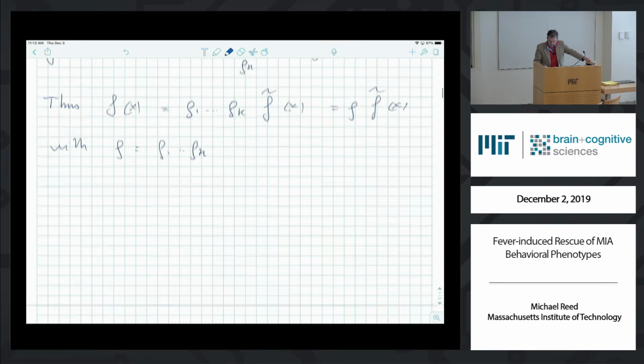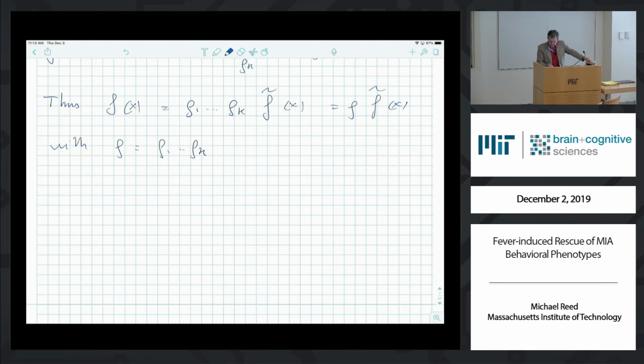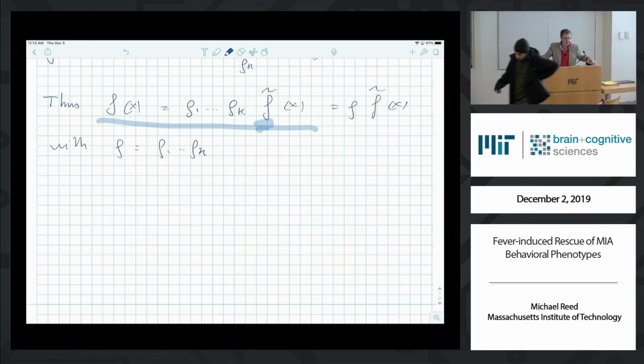So the main point so far is this one, that I can write the network in terms of a normalized network f tilde, where all the matrices are normalized by the Frobenius norm, and I take the norm outside.